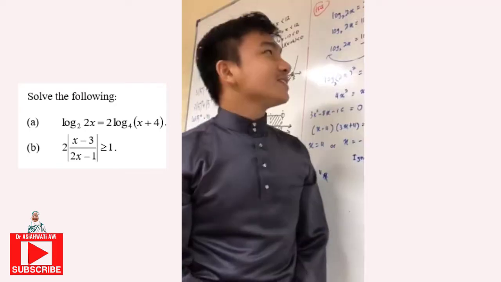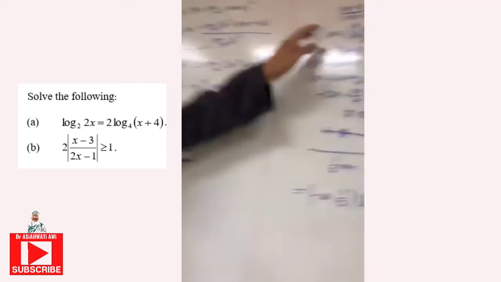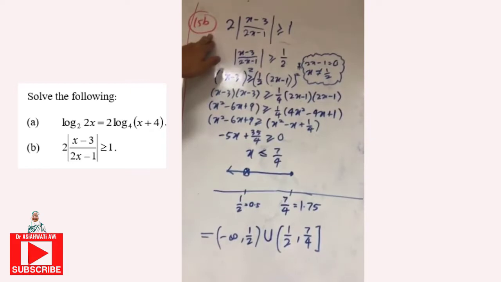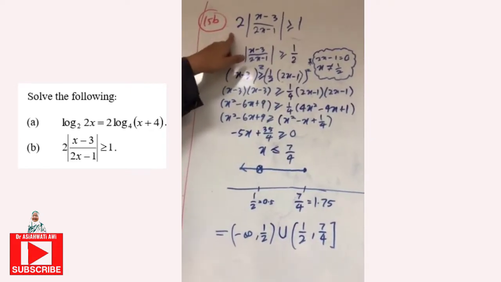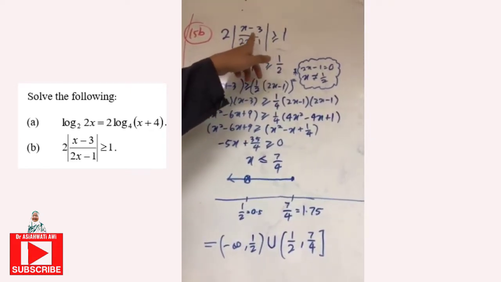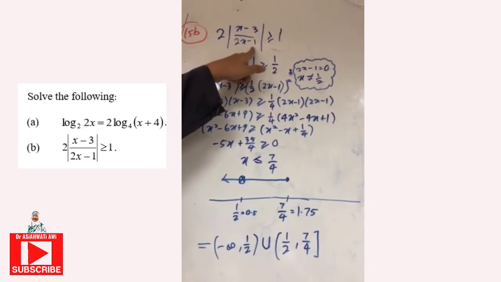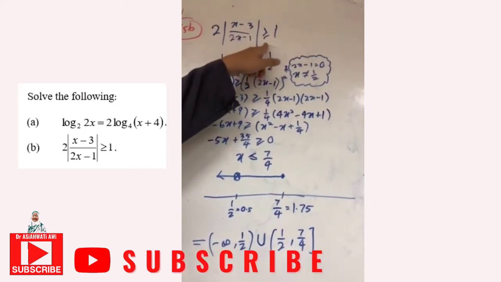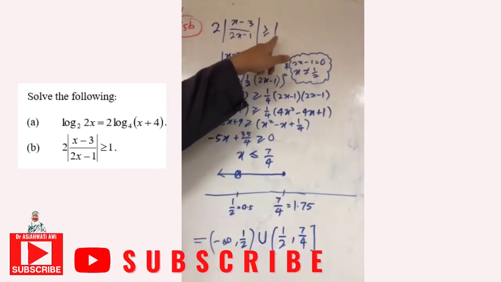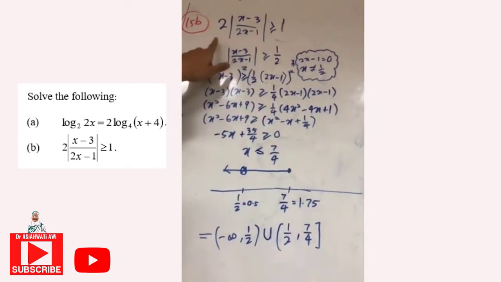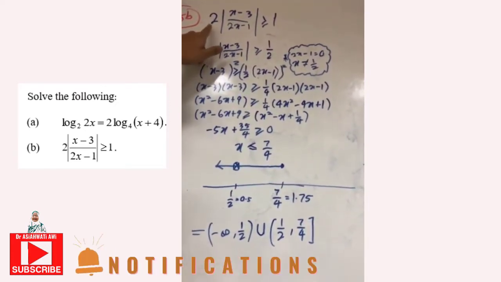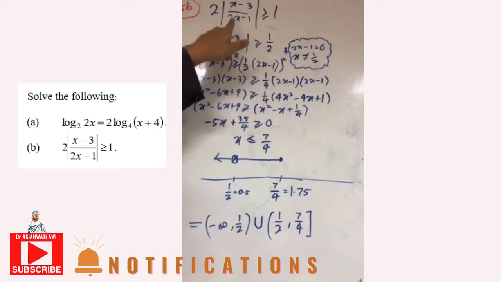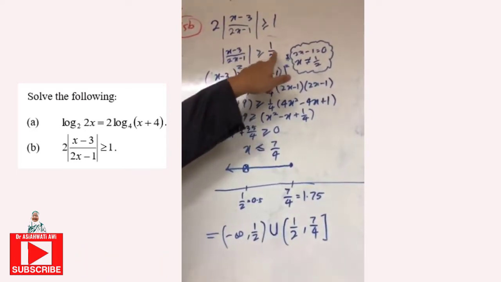Assalamualaikum. For question 15B, the question asks for 2 modulus x minus 3 over 2x minus 1 modulus greater than or equal to 1. From this, we bring the 2 over here, and we got 1 over 2.